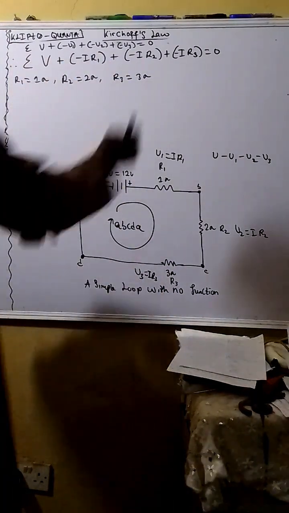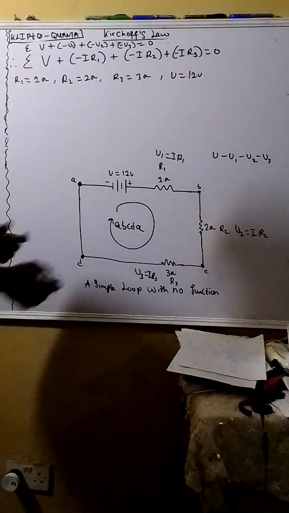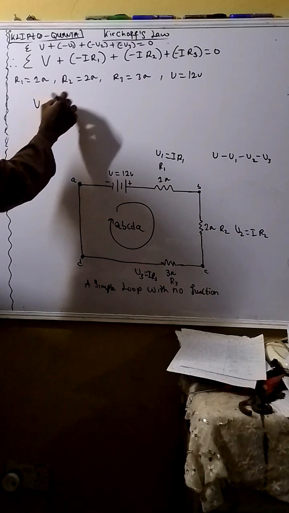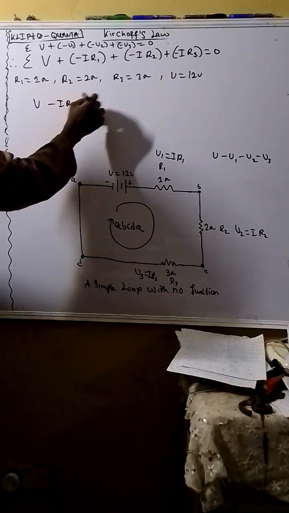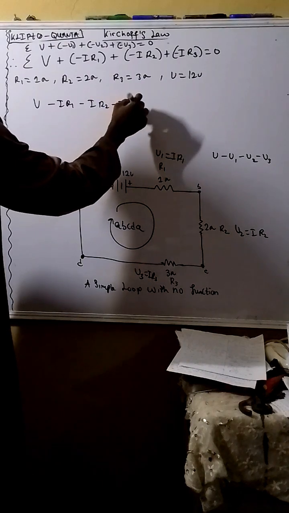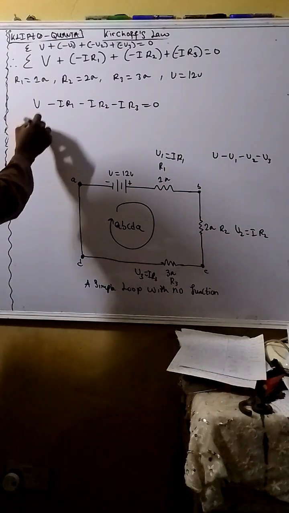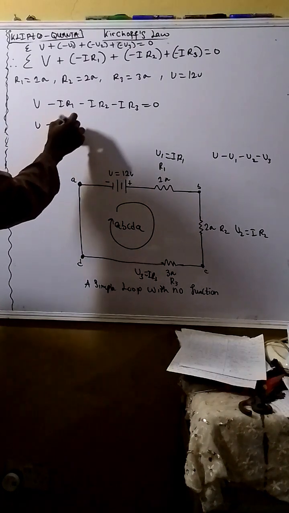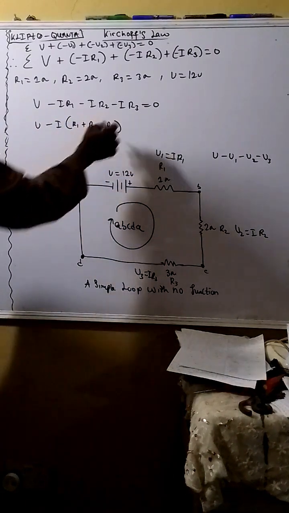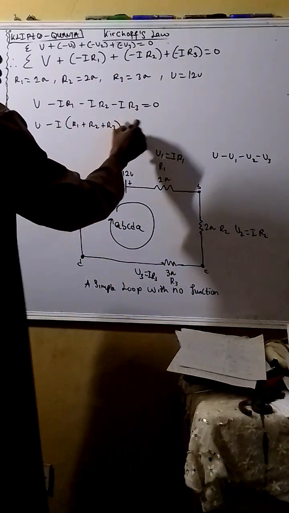Now we know that the EMF, which is the full voltage, is equal to what? 12 volts. And at that point, you can say V minus IR1 minus IR2 minus IR3 is equal to 0. Right? And you can say V minus I into brackets R1 plus R2 plus R3, because negative I is common to all of them, do not forget, equals 0.